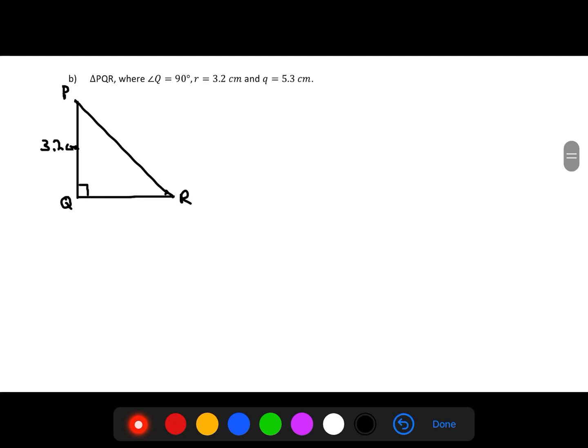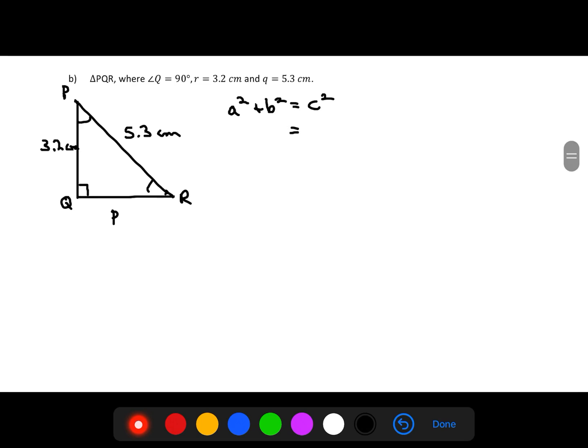So side r, opposite to angle R, is 3.2 centimeters. Side q, opposite to angle Q, is 5.3 centimeters. So we need to find angle P, we need to find angle R, and we need to find side p as well. So we can find side p here.